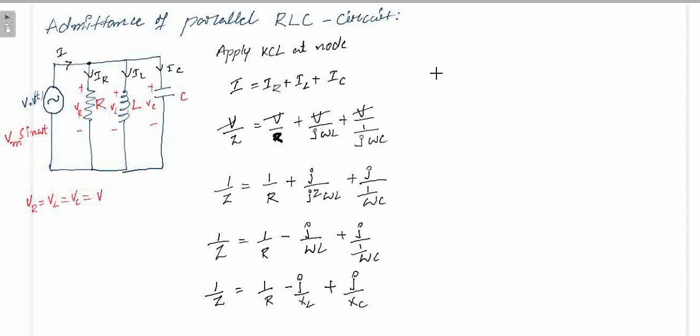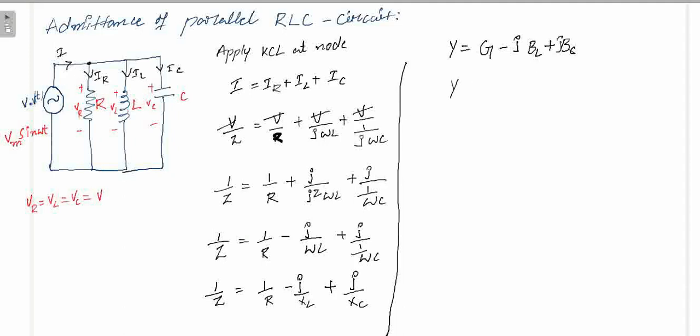So 1 by Z is nothing but your Y, admittance. So Y is equal to 1 by R, which is conductance, so 1 by R is G, minus 1 by XL, that is BL, the susceptance of your inductor, plus the susceptance of capacitor into j.